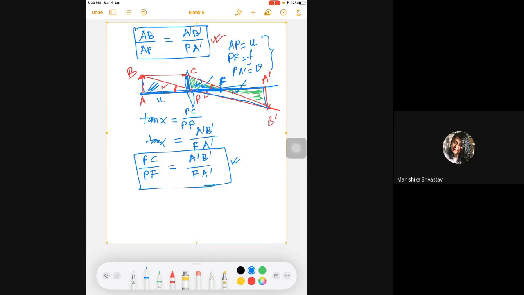Now remember one thing, when we are considering the light ray direction, this is the light ray direction, and my image is forming along the light ray direction. I am measuring the distance along this axis, the x axis positive direction, and this axis is the y axis positive direction, but I am measuring the distance of my object on the opposite side of my x axis convention.